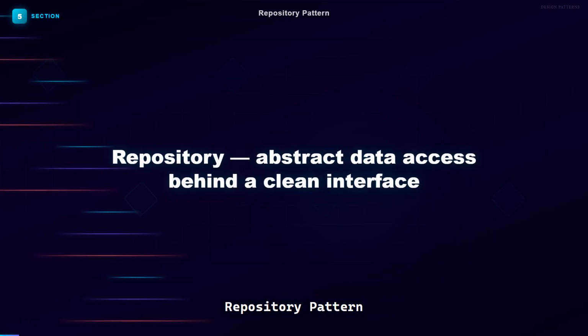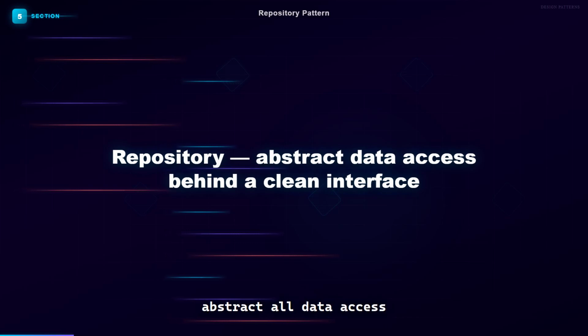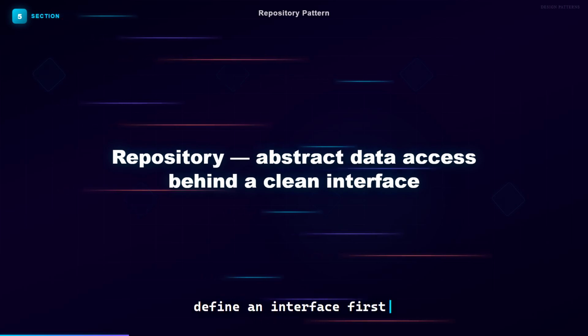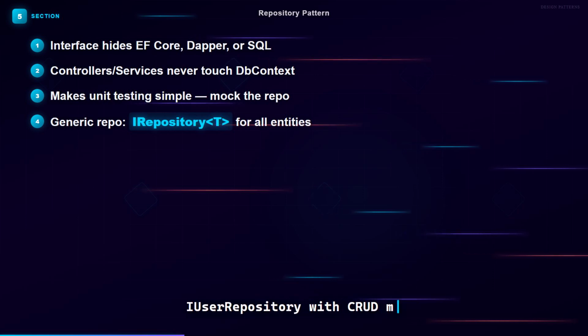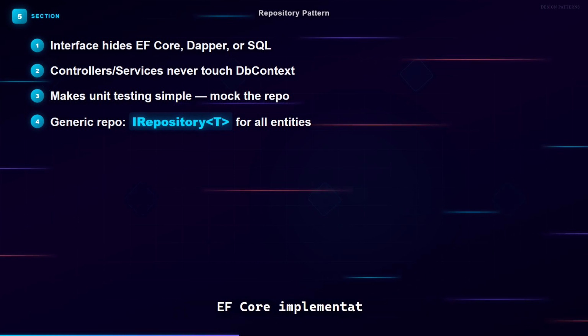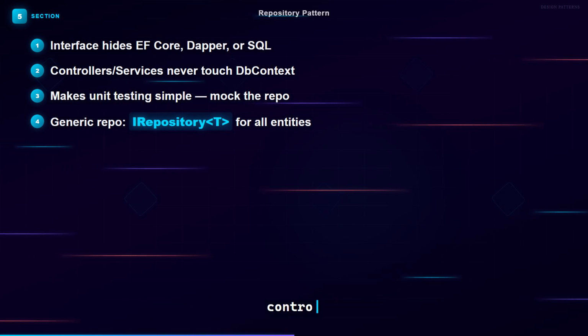Section 5. Repository Pattern. Repository is the most commonly used pattern in .NET APIs and the one that makes your code most testable. It abstracts all data access behind a clean interface. Define IUserRepository with GetByIdAsync, GetAllAsync, CreateAsync, UpdateAsync, DeleteAsync. Implement it with EF Core.